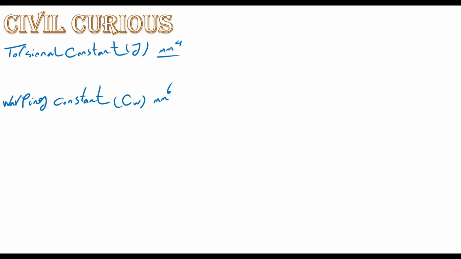You see, the process of calculating Cw is far more difficult than a torsional constant. And because of this, we're gonna memorize the relation of Cw for every section, channel, I-beam, you see.